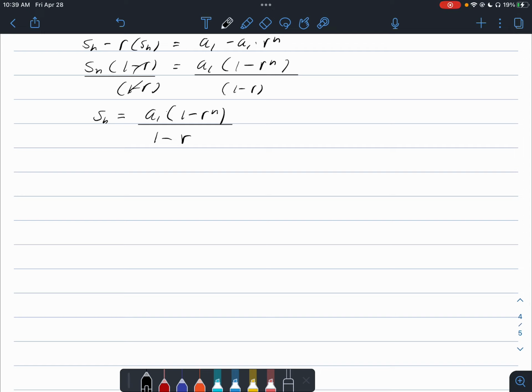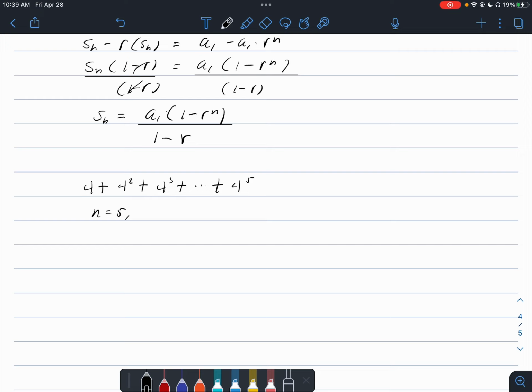Okay, so let's go ahead and do a quick example. Let's say we have a pretty short geometric sequence and we want to find the sum of all of these: 4 plus 4 squared plus 4 to the third plus dot dot dot plus 4 to the fifth. Here we're going to have a total of 5 terms, so n is equal to 5.